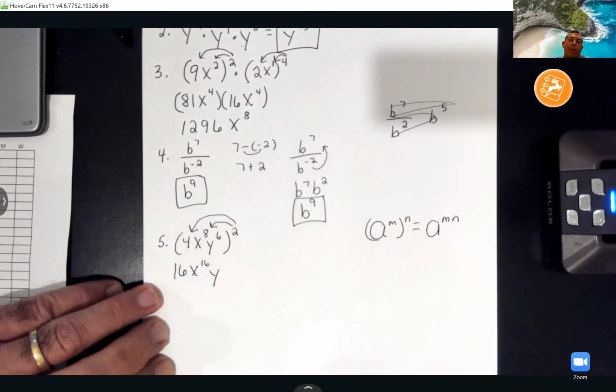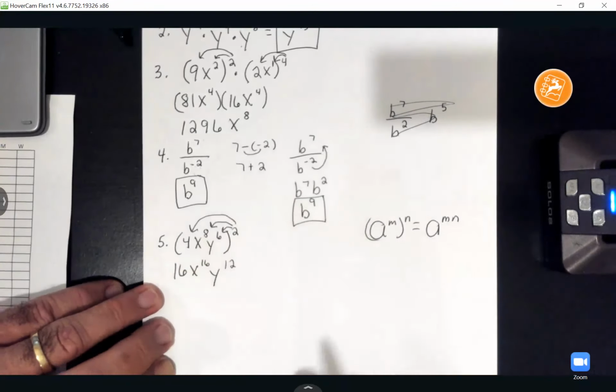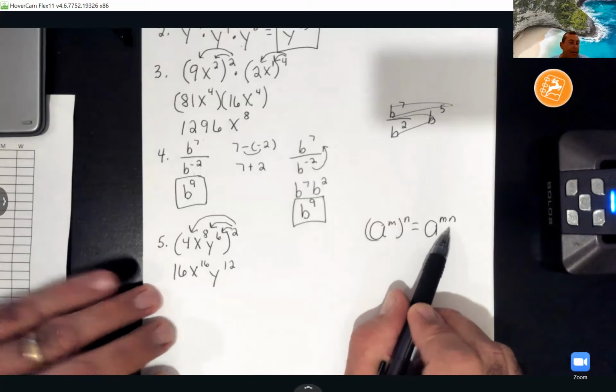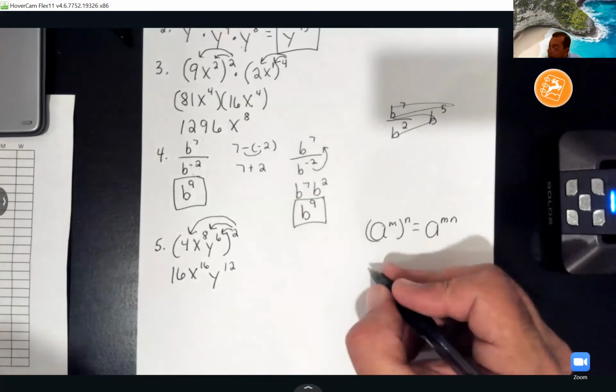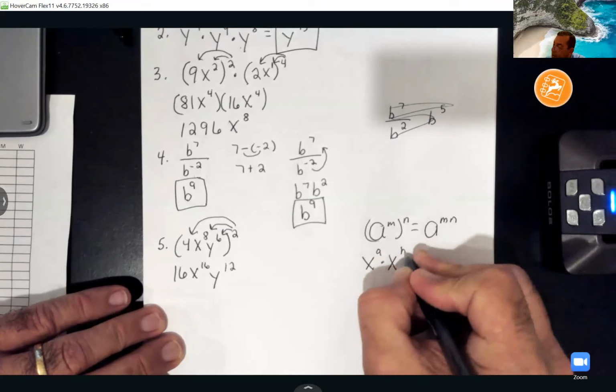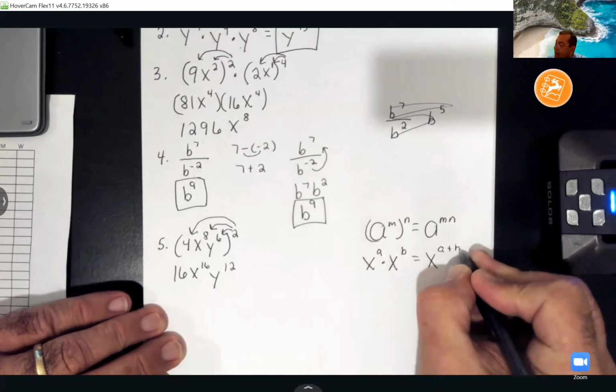And how about that y? That'll be a 12. So y'all remember, exponents raised to exponents, we multiply. If I had, say, x to the a times x to the b, that's where y'all added.